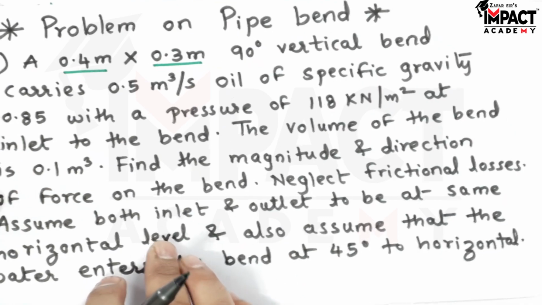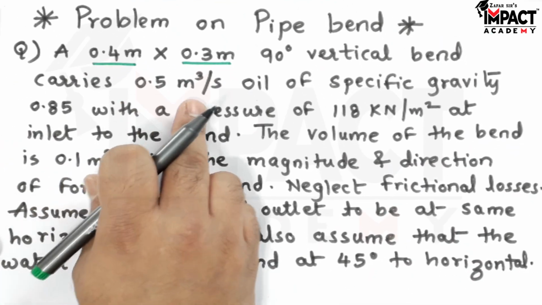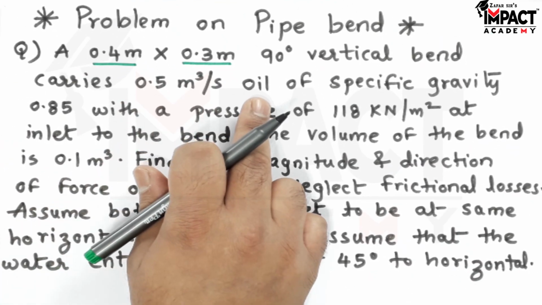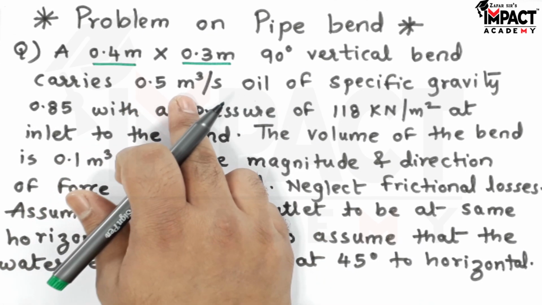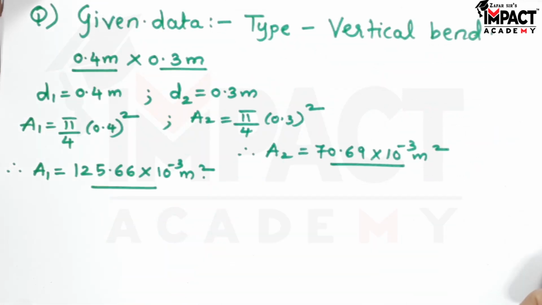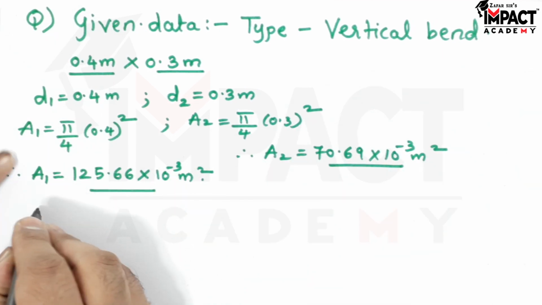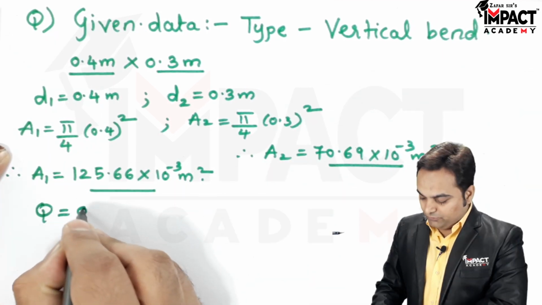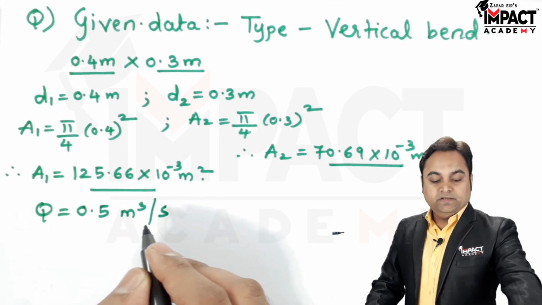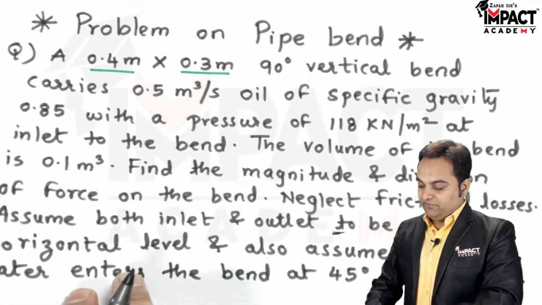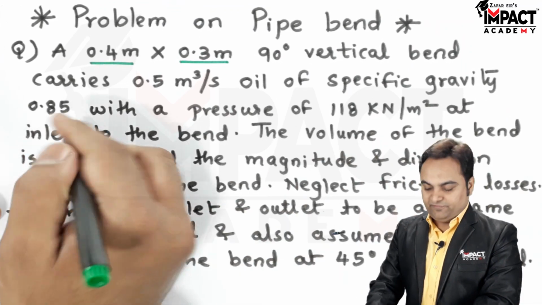So from the diameters, the area has been calculated and it is a 90-degree vertical bend. Then it carries 0.5 meter cube per second oil. So this 0.5 meter cube per second is nothing but the discharge. Discharge is indicated by capital Q and it is 0.5 meter cube per second. Then it is carrying an oil of specific gravity 0.85.